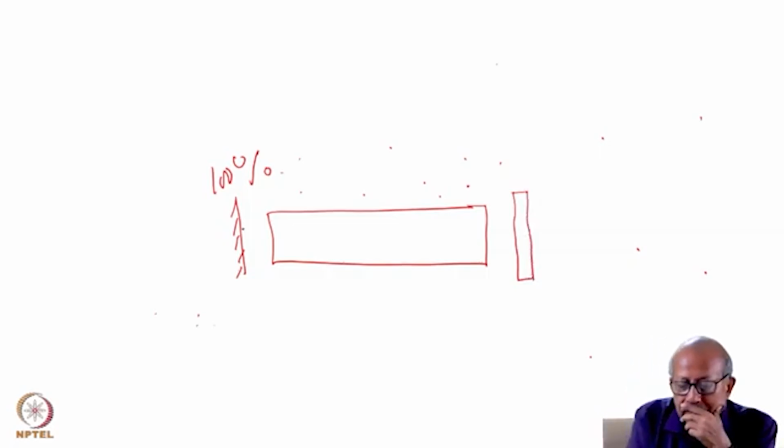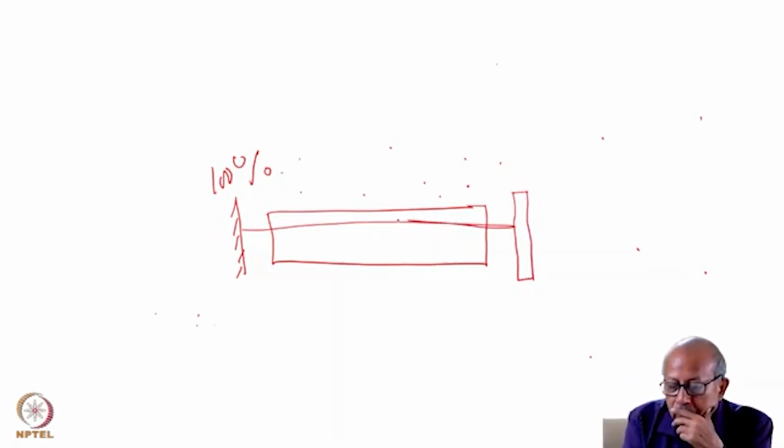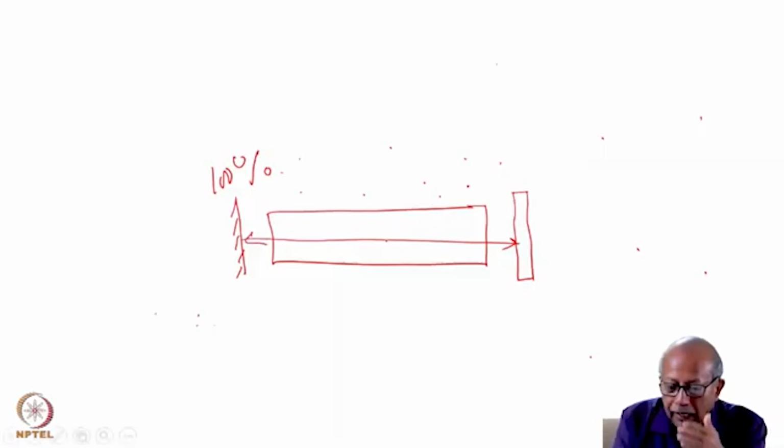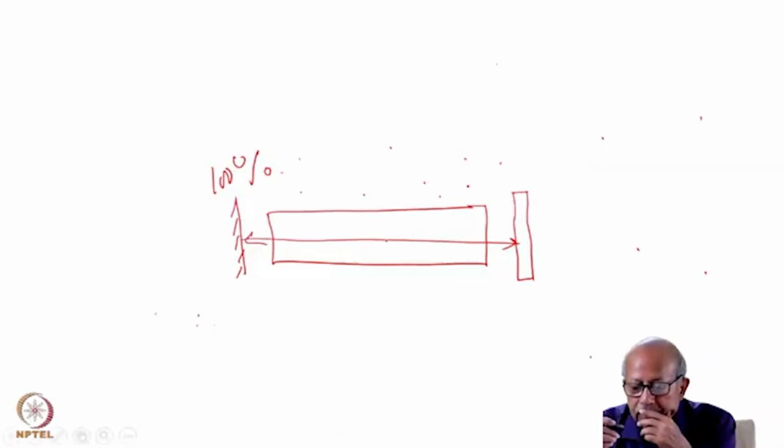And as the light grows inside the cavity as a result of to-and-fro oscillation, the light builds up inside the cavity.